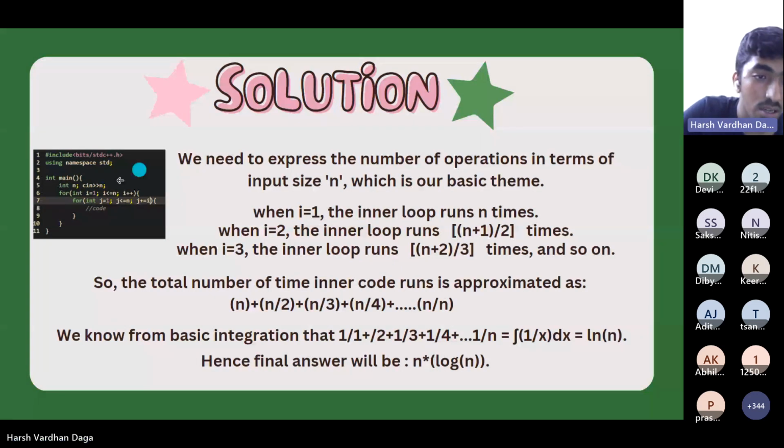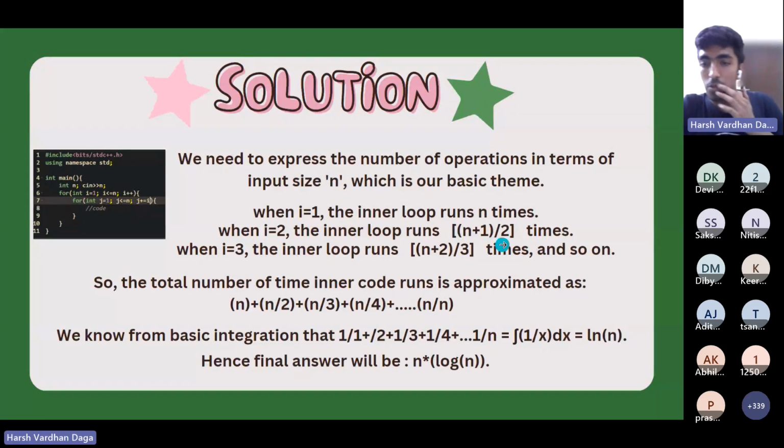When the inner for loop executes completely, i is incremented and i becomes 2. So j is initialized to 1, j is checked less than or equal to n, and now the incrementation of j is done by 2 here. So the number of times this loop runs is the greatest integer of (n plus 1) upon 2. You have to be careful with these terms.